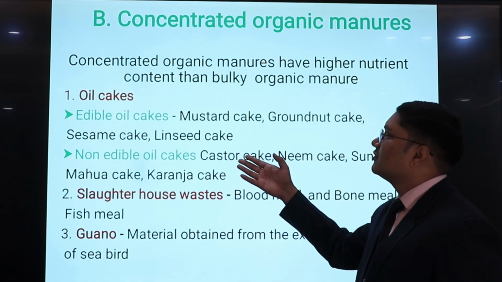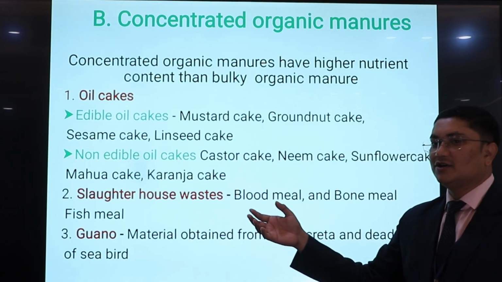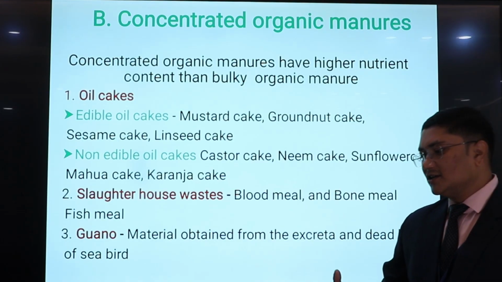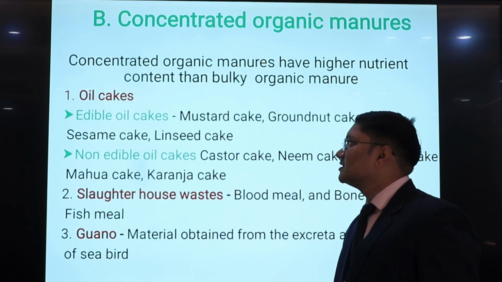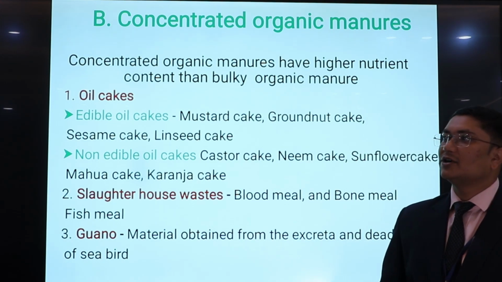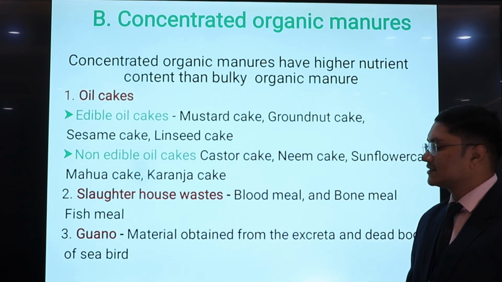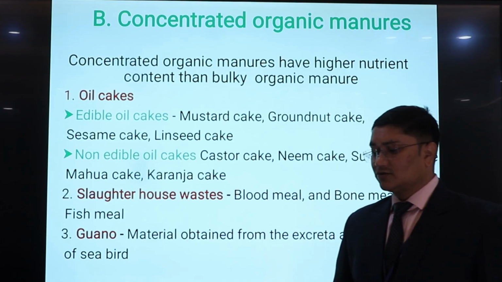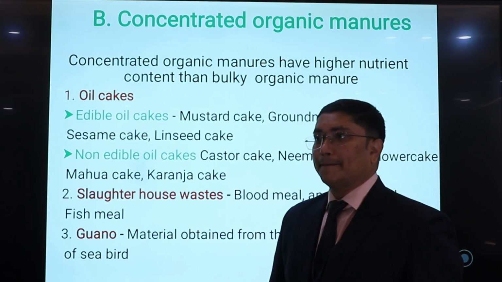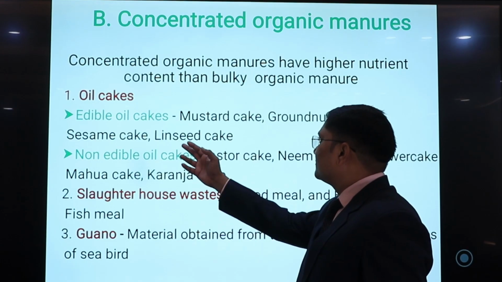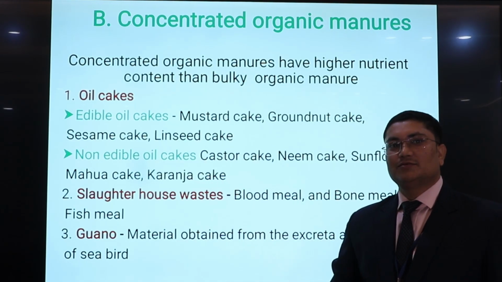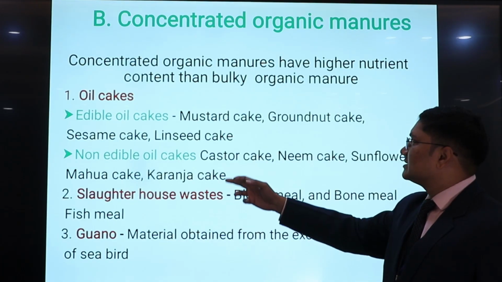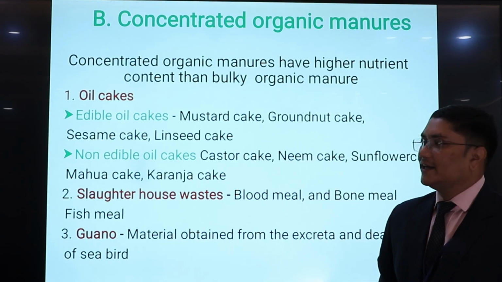Then concentrated manure, which is concentrated in nature, because in a small amount more nutrients are present. First is oil cakes, like edible oil cakes and non-edible oil cakes. After mustard oil extraction, the remaining waste of the mustard is known as cake, so mustard cake.